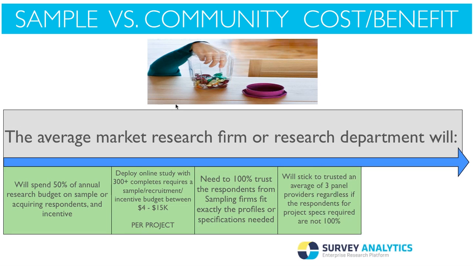Generally speaking, a lot of research firms or departments will stick to a trusted average of 3 panel providers, regardless if the respondents or project specs required are not 100%. So that's kind of scary in a little bit of ways, but we understand market research really is a lot about relationships, and not only relationships with the respondents that we're working with, but also with our providers or vendors.